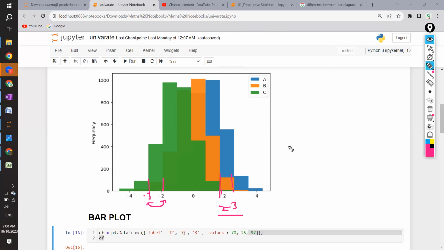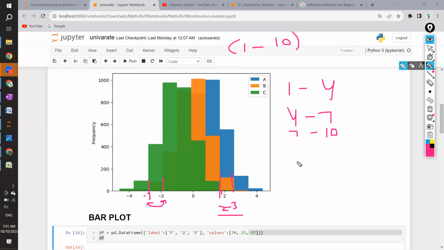So if the width is increasing, that means the bin is becoming wider and wider. From 1 to 10, if I consider only 3 bins, I can have 1 to 4 as the first bin, 4 to 7 as the second bin, 7 to 10 as the third bin. When you try to plot this, how does the graph look?